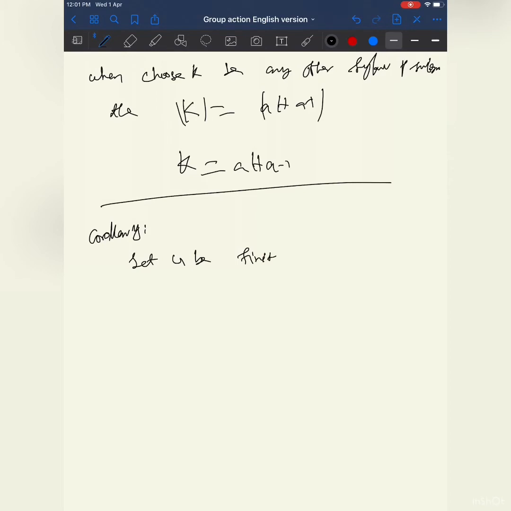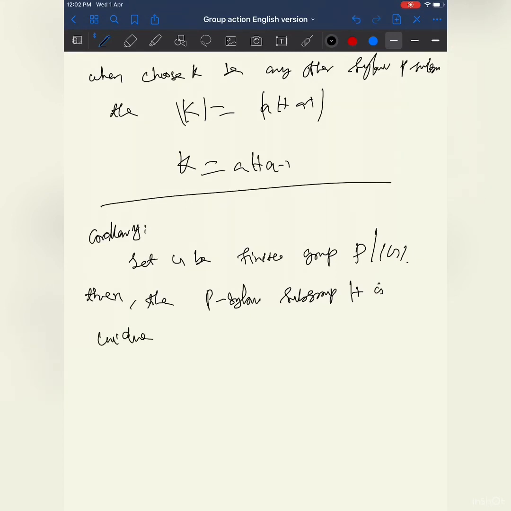Similarly, let G be a finite group and p divides the order of G. Then the p-Sylow subgroup H is normal, no, I want to say unique, if and only if normal. Sometimes the p is not needed.